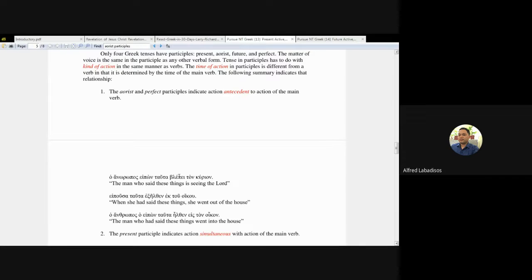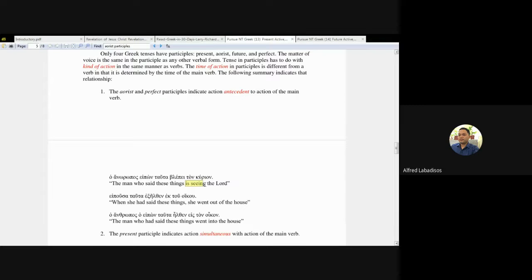And also, according to this, the aorist and perfect participles indicate antecedent action to the main verb. This is our main verb. The main verb is blepe in the present. So our translation now is: the man who said these things is seeing the Lord. Blepe is seeing.